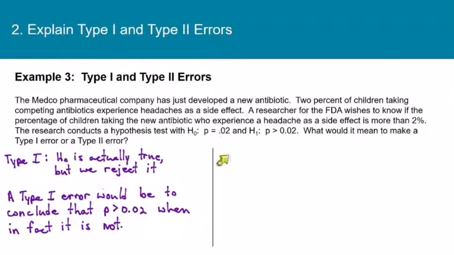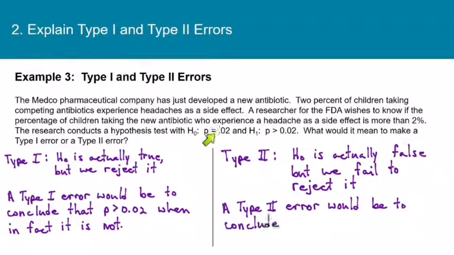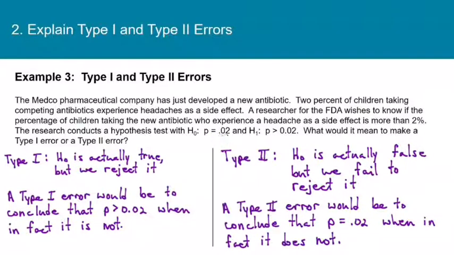See, if we reject the null hypothesis, that means we've decided that the alternative is true. And then a type 2 error would be that H0 is actually false, but we fail to reject it. So in a type 2 error, we would conclude that the proportion equals 0.02 when in fact it's greater than that.